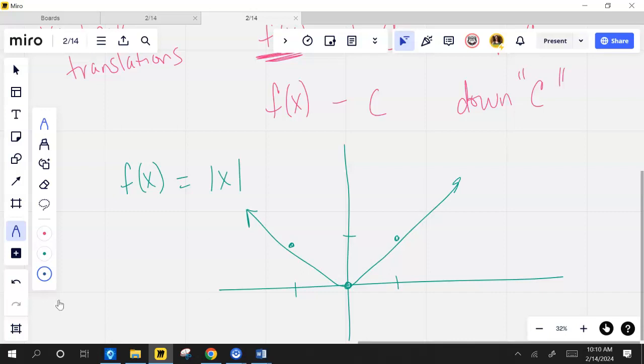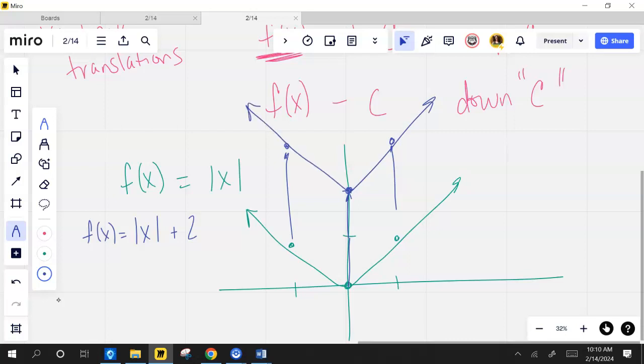If I took that same graph and I said, okay, then what would absolute value of x plus 2 look like? That means I take every single point, that's exactly right, and they go up 2, up 2, up 2, up 2. Yep, every point on the graph.